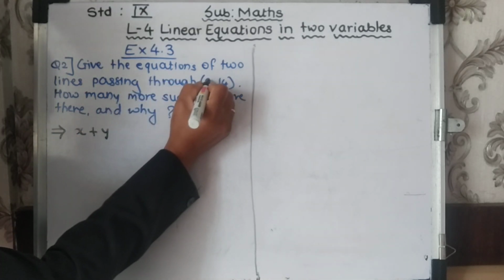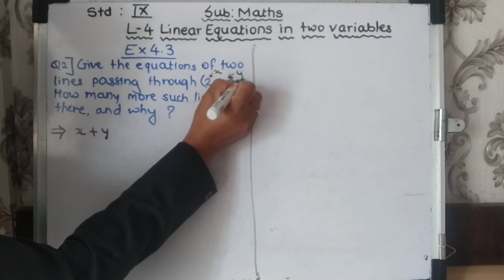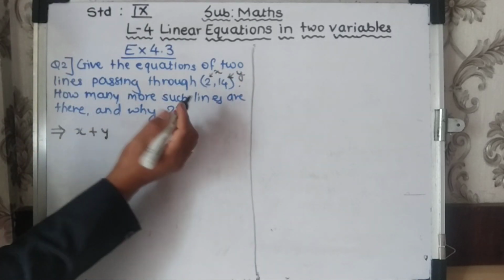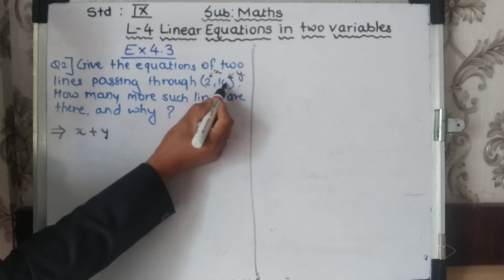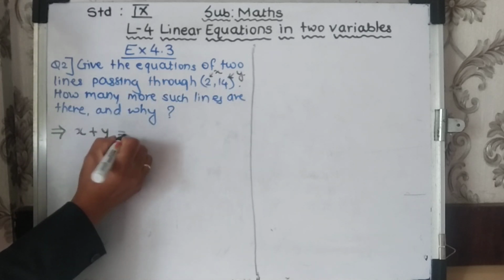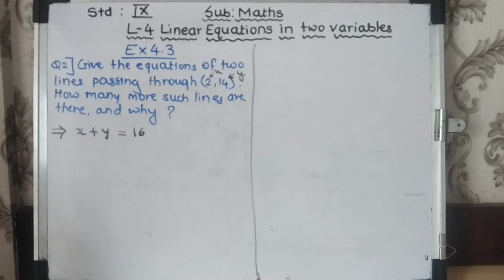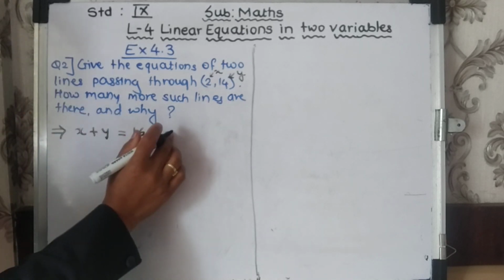This coordinate shows the x value, and this represents the y value, right? So if I am adding both of these, x plus y, 2 plus 14 is equal to 16 it should be, right? This is one equation.